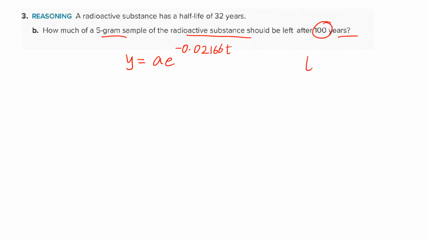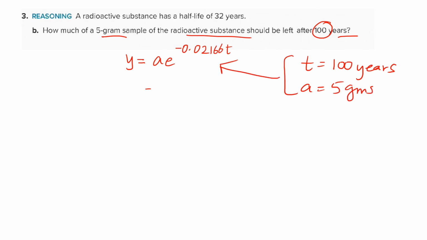So how much is your t? It is 100 years. How much is your initial amount, the one that you begin with? It's 5 grams. So I will just plug in these two values here and let's see what we get. So 5 e to the power minus 0.02166 multiplied by t.